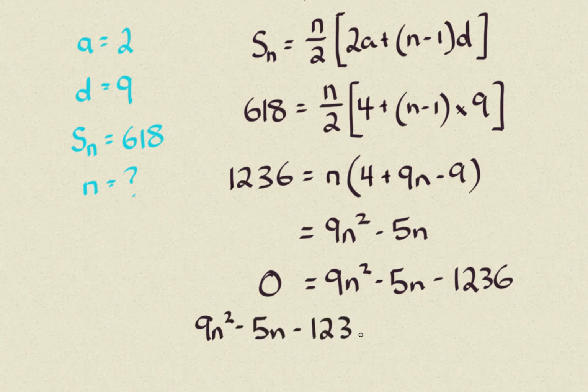Now, looking at this quadratic, I personally don't notice any way of factorizing this very quickly. If you're good at knowing the factors of 1,236, go for it. So in this case, let's just use the quadratic formula.